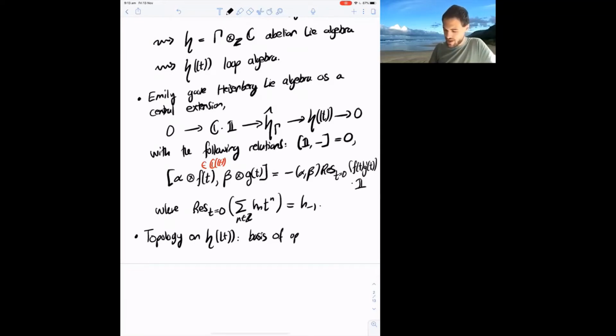The basis of open neighborhoods of 0 is given by looking at a power of t times formal power series over h, with n in Z. So the idea is that this is getting smaller as n is getting bigger.